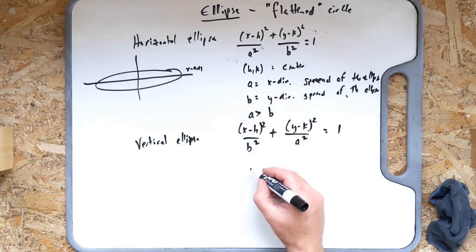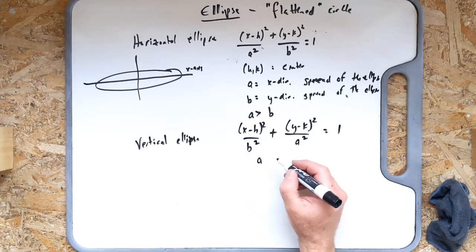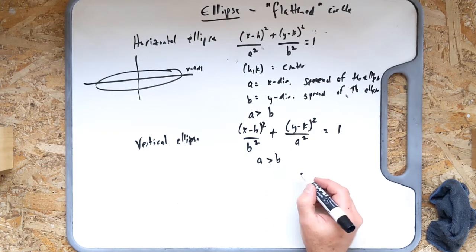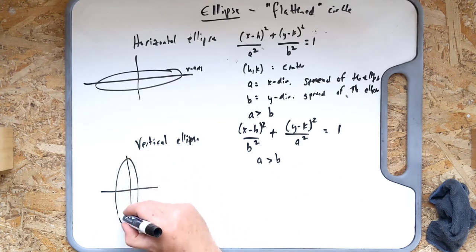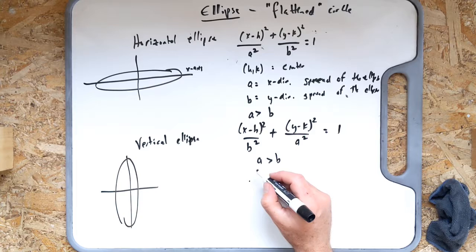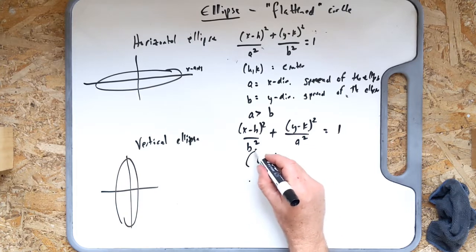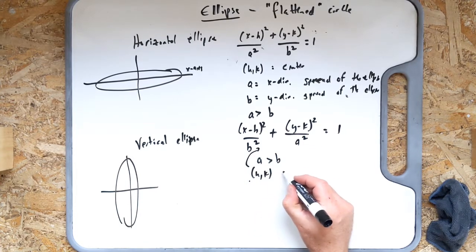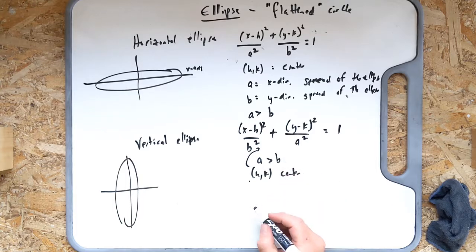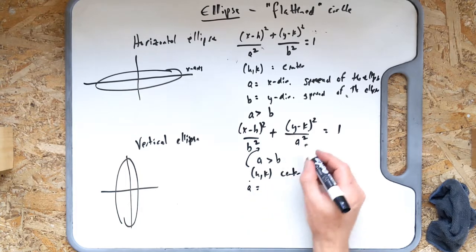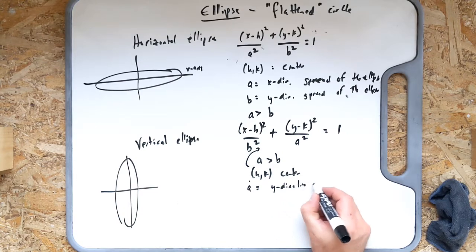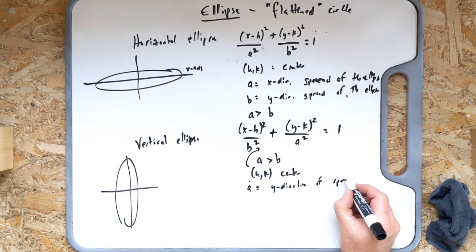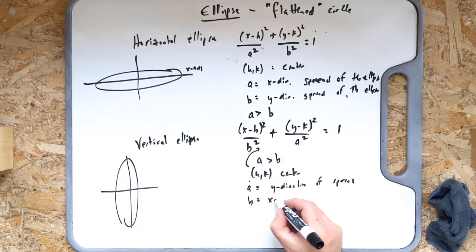And again, a is bigger than b, which is what makes it vertical. Vertical just means it'll look like this. h, k is the center, just as in the other case. a, in this case, however, is the y direction of the spread. And b is the x direction of the spread.